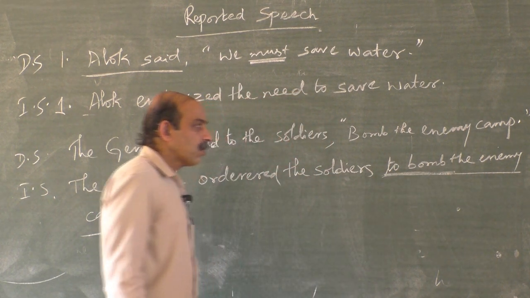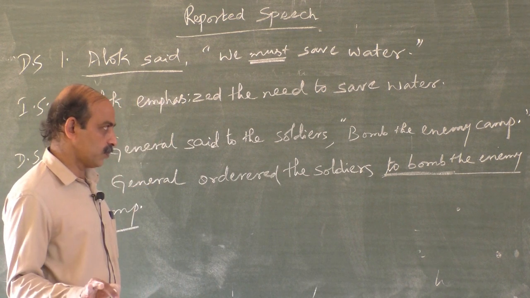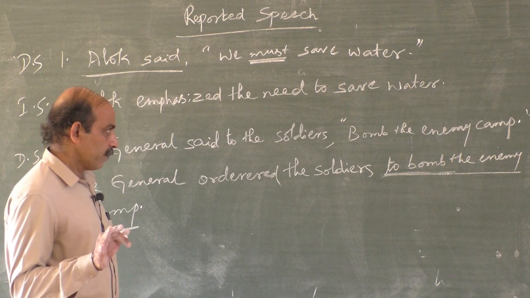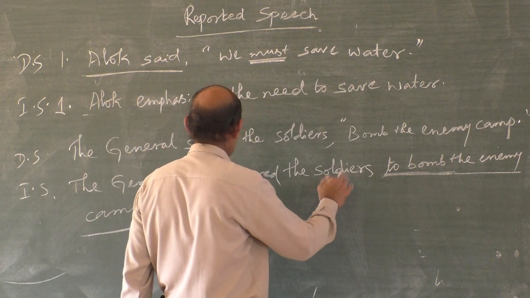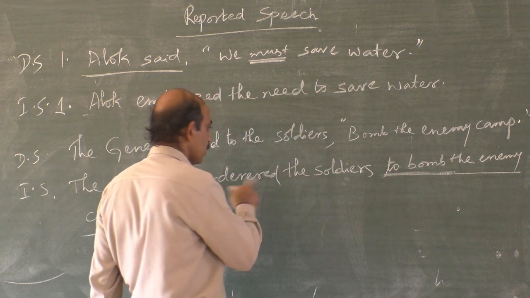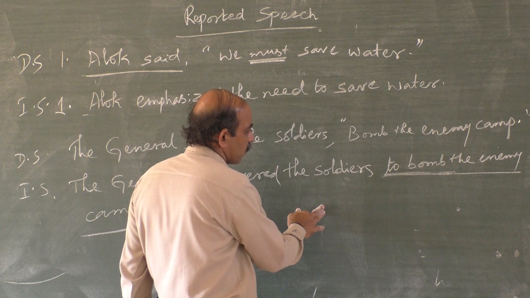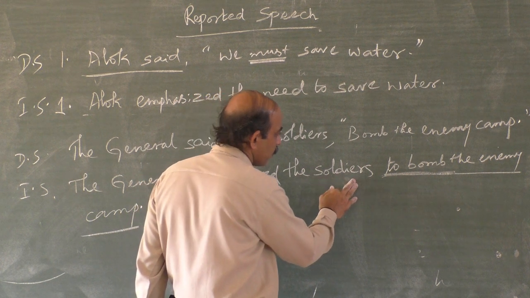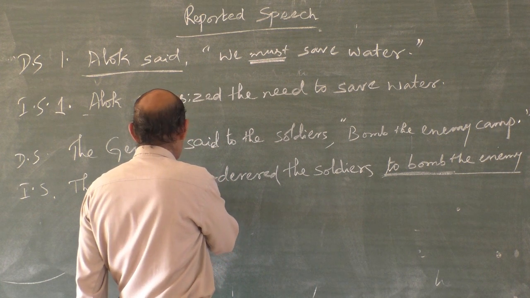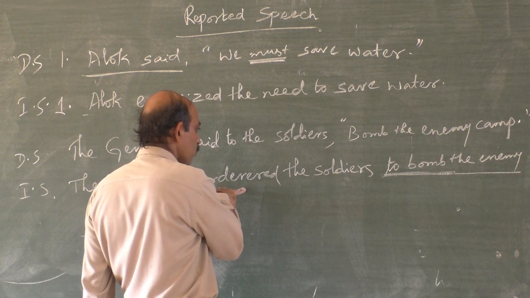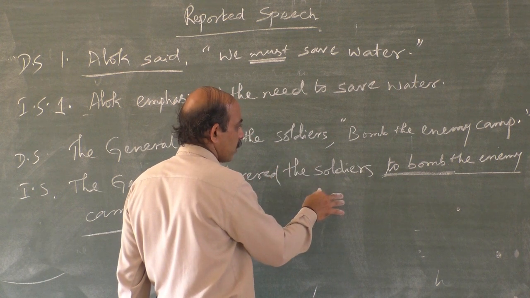All imperative sentences take infinitive verbs, and they do not have subjects after the first part of the sentence. "The general ordered the soldiers" is the first part of the sentence, with the subject "the general," the verb "ordered," and the object "the soldiers."